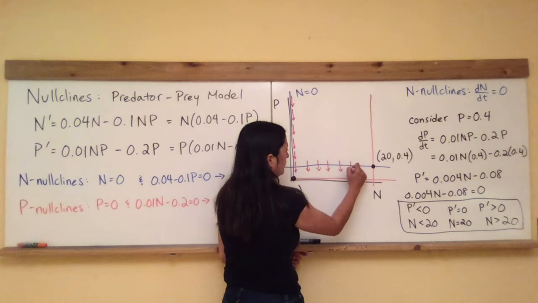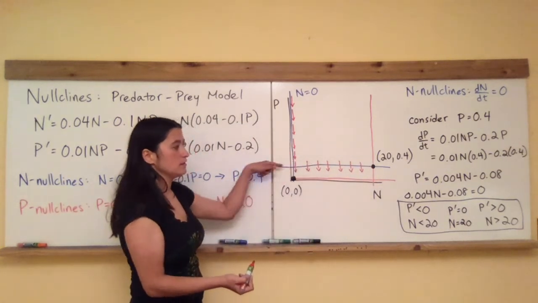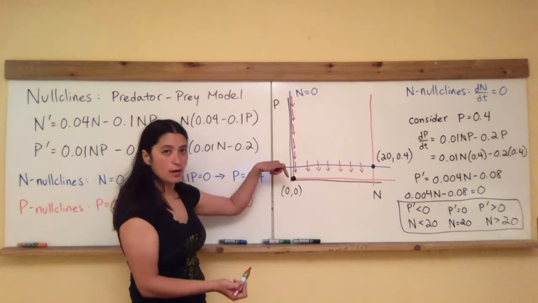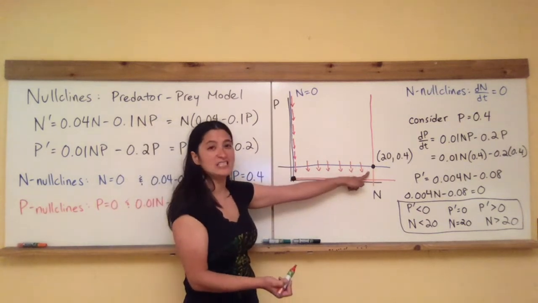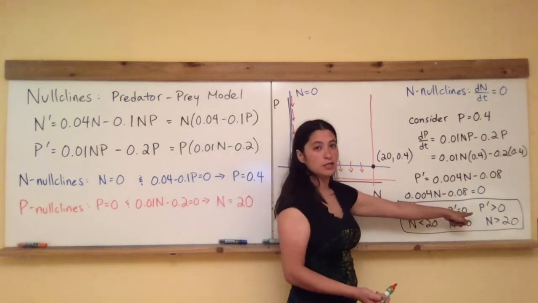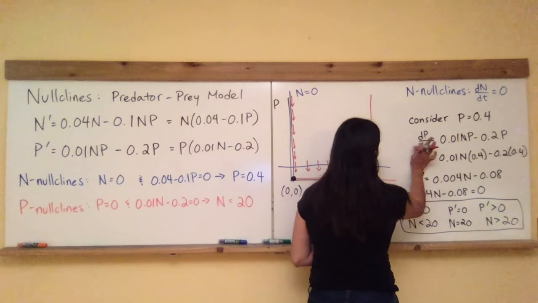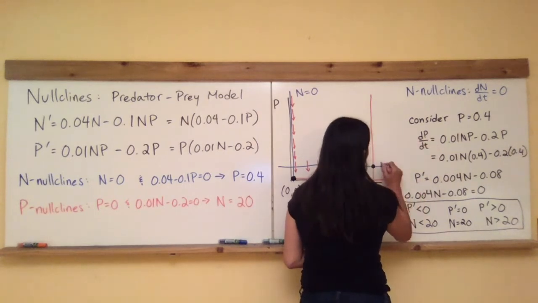So I know that if I evaluate the vector field on the nullcline along this, it's going to be down. Right here, it hits 0. And then on the other side of the line, that's what this statement says, it's going to be positive. So I would draw a bunch of up arrows like that, going up.